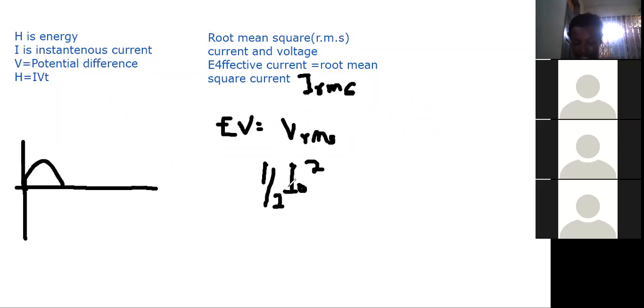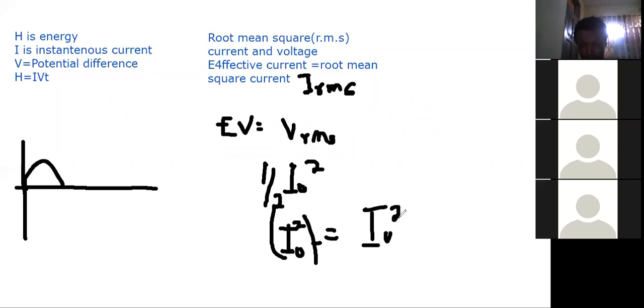The average of I squared is equal to I naught squared all over 2.